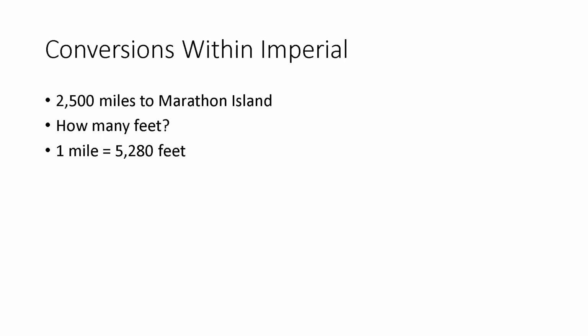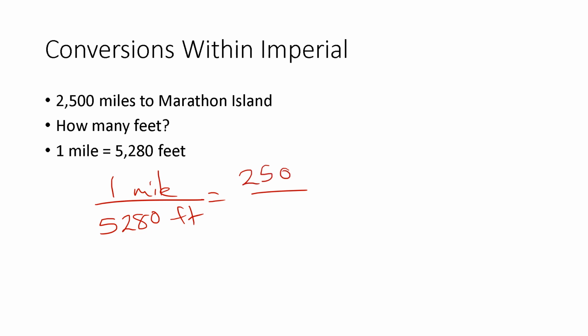So we know that 1 mile is 5,280 feet. We can set up a pretty easy conversion and find out how many feet it is from here to Marathon Island. We got 2,500 miles. We don't know how many feet it is, and we're not sure why we want to know, but we're going to do it anyway.